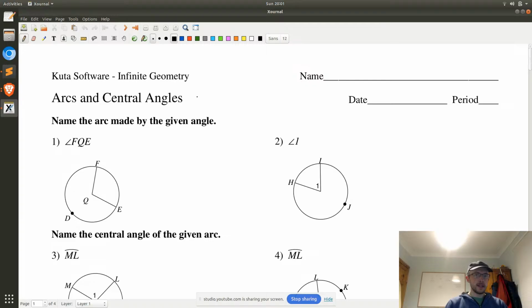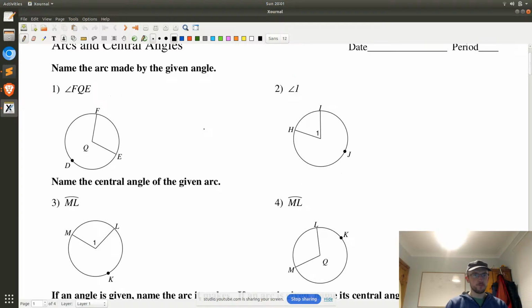So, name the arc made by the given angle. Now, I was taught that for arc notation, you name the 2 points on the circumference and you respect the order of the letters in the angle.